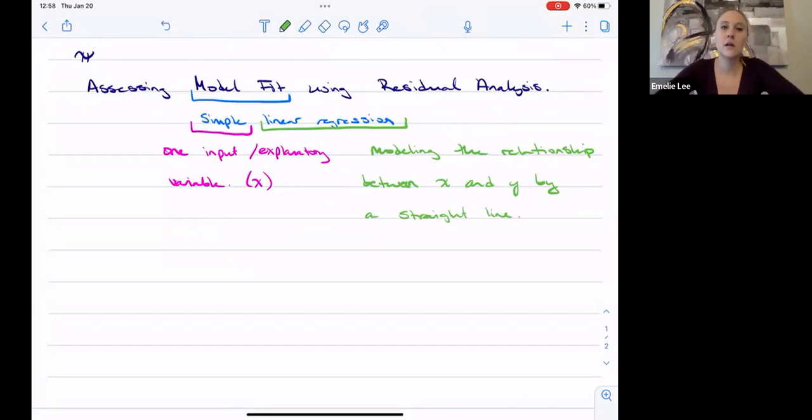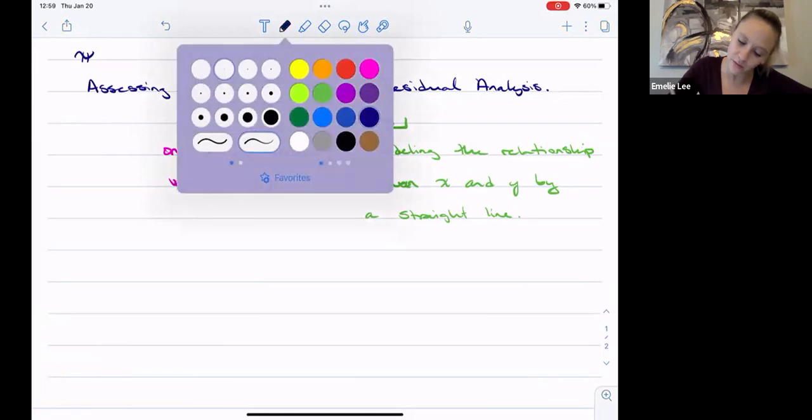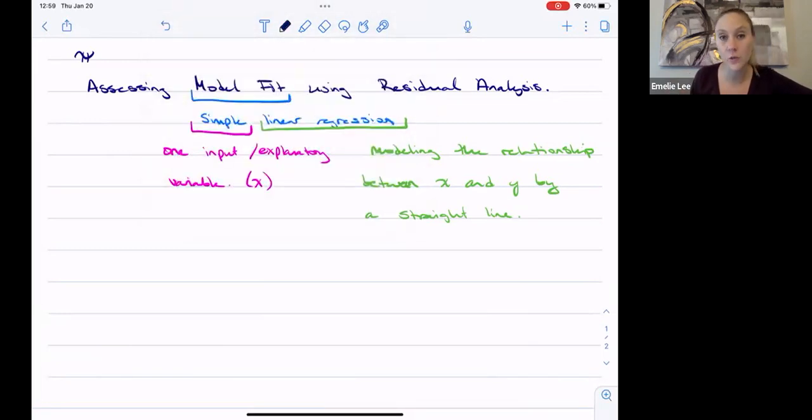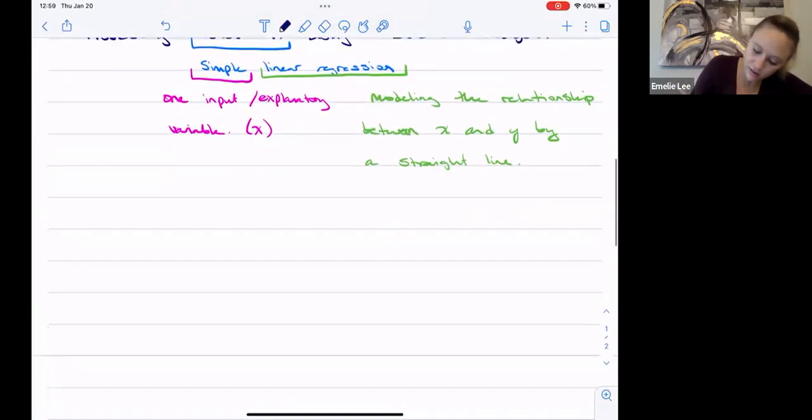So if we've done that and we've fit our model using the LM command, which I'll use in a bit, then each point is going to be some distance from the line. And so we can find the residual for each point.